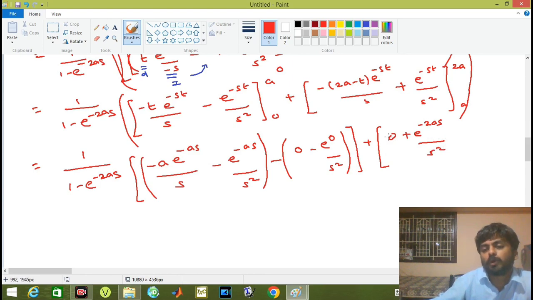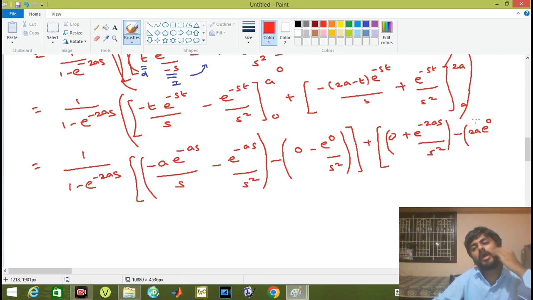If you substitute the lower limit, minus 2a e power 0. Okay, 2a, sorry, it is e power minus as.